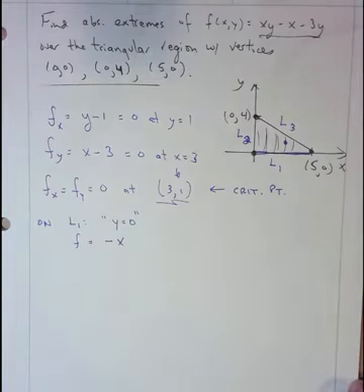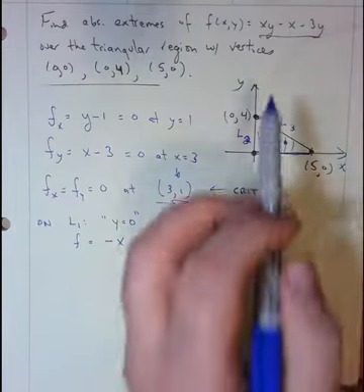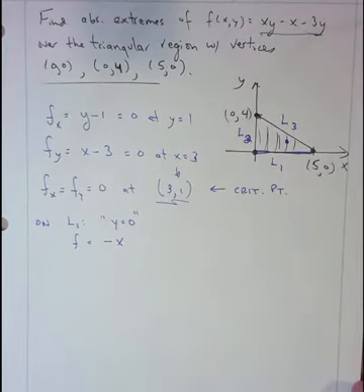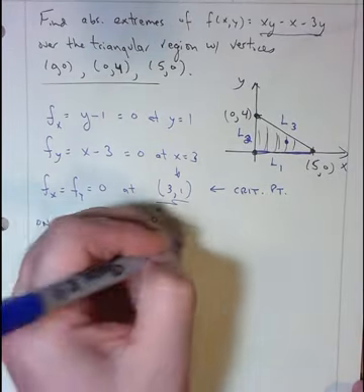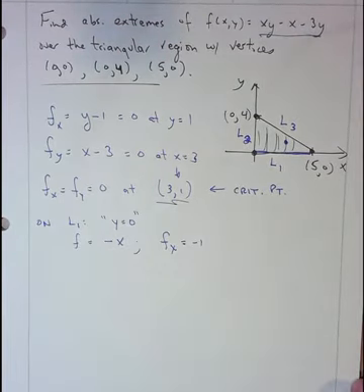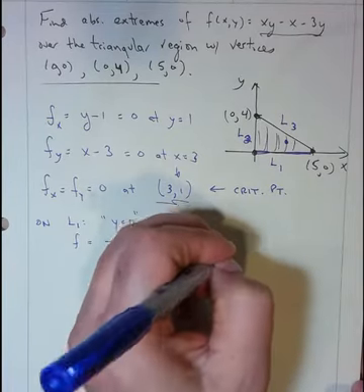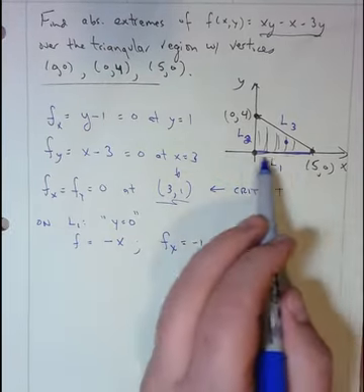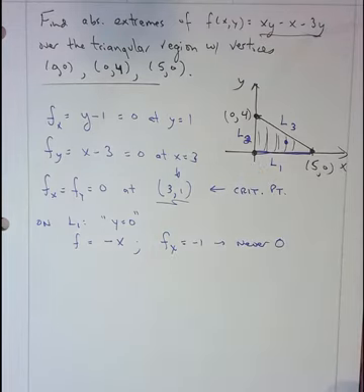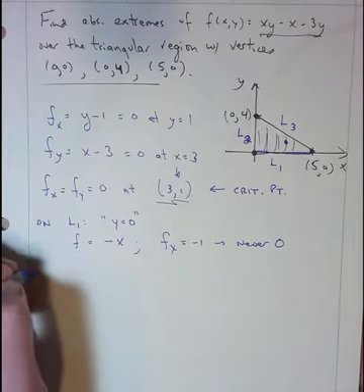If we happen to be considering only points where y is 0, the function reduces to negative x. The derivative with respect to x there is negative 1. And it's never 0. So we haven't found any places along this boundary where in the Calc 1 sense we might find another critical point. So we didn't learn anything about that boundary. Or we learned that there's no points of interest on that boundary.